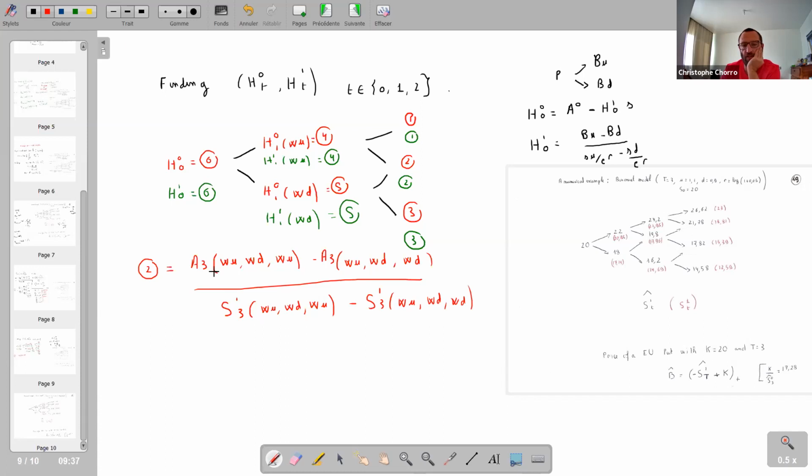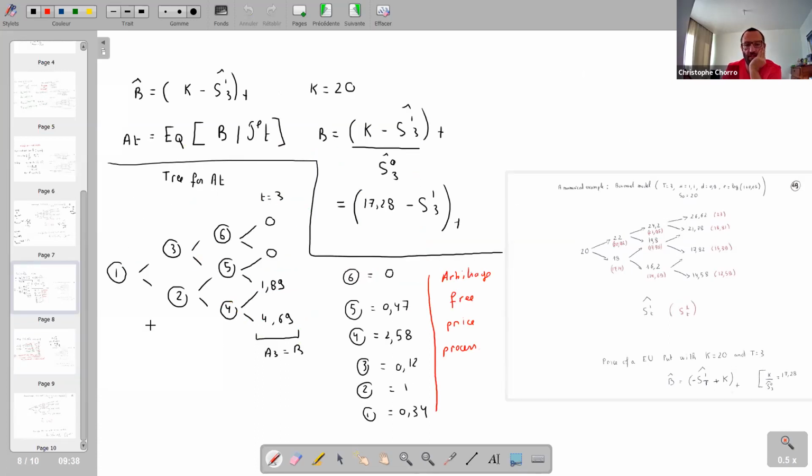So I obtain these two A3 here from the 3 for A2, I have the 3 for AT here. So you have everything. In particular, the quantity I am interested in here, I have A3 WU, WD, WU and here I have A3 WU, WD, WD. So it's exactly what I am interested in. So the difference between the A3, I will do it in the next slide, is the difference between these two states of nature, because I am interested in this one in the computation I do.